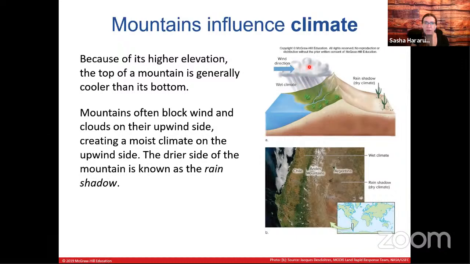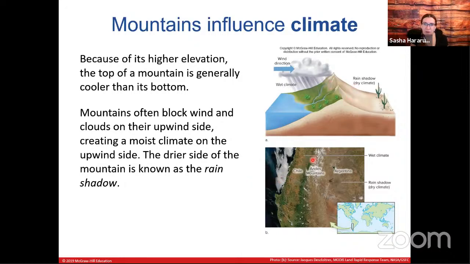And once the air masses cross the mountains and move forward, they will not contain moisture at all. So often on one side of the mountains there is lush vegetation, and on the other side there is desert, because all of the rainfall was stopped at one side of the mountain. The air lost all the moisture, and nothing was left for the other side.